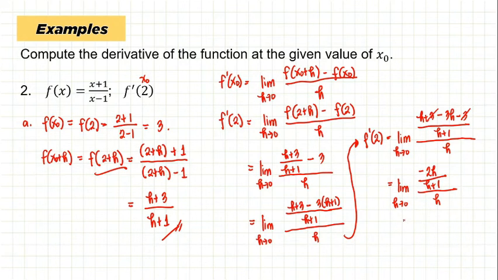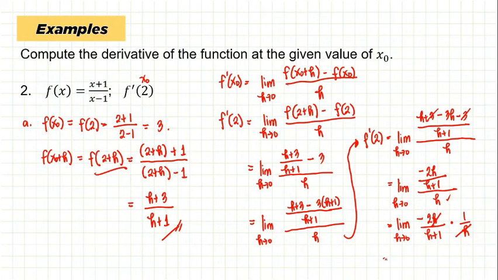Now, dividing fractions, we will have the limit of, you copy the numerator, so you have negative 2h all over h plus 1, times the reciprocal of the denominator, and that is 1 over h as h approaches 0. And we can see here that h is common to both numerator and denominator, so we can cancel that out.